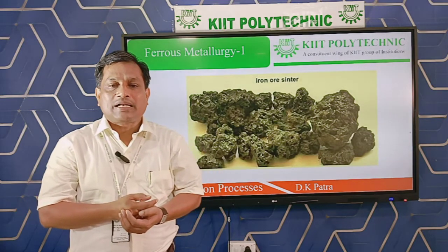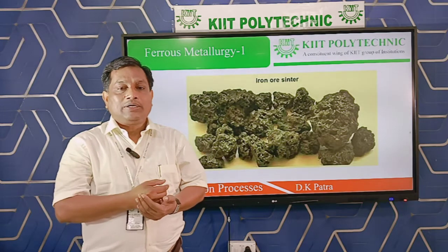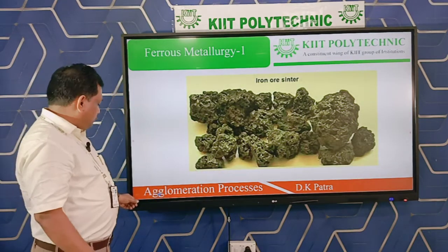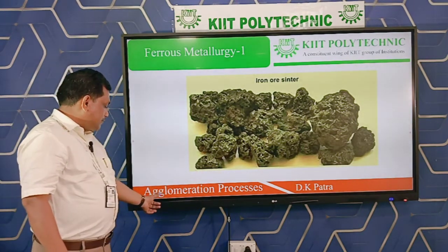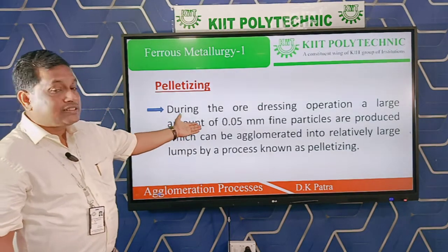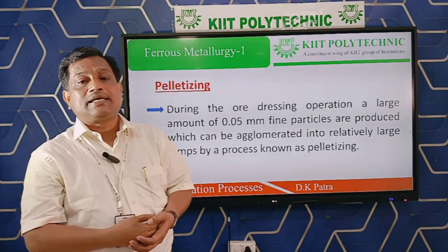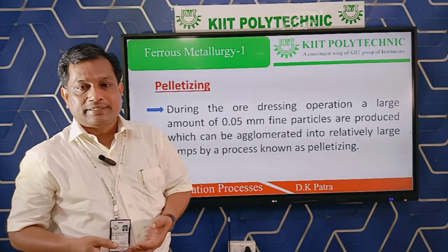Is it okay? These are called pellets. So how can we do this process? For this we go for the pelletizing process. So this is the definition of the pelletizing process. Here we use very fine ore particles, less than 0.05 millimeter size.